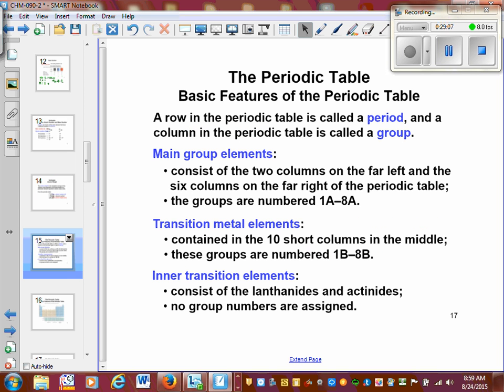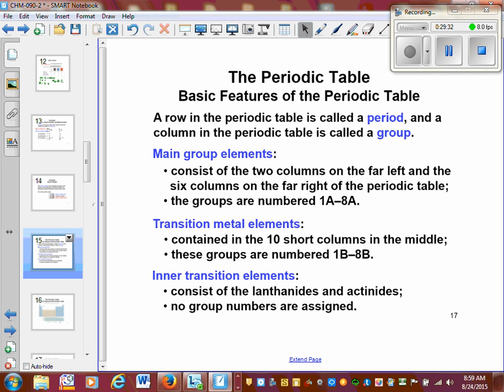So some definitions about the periodic table. A row, it's horizontal, is called a period. Hence the name periodic table. A column, up and down, is called a group. We have what are called the main group elements.